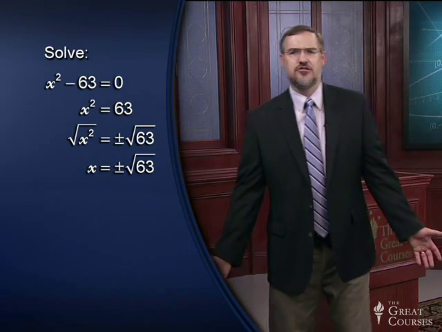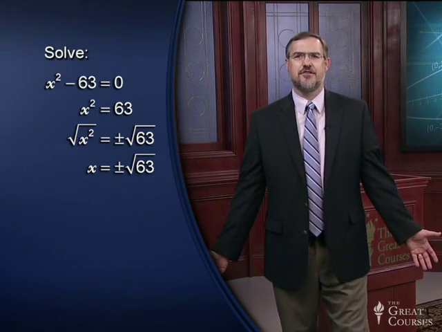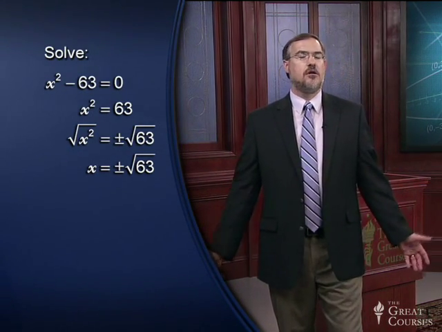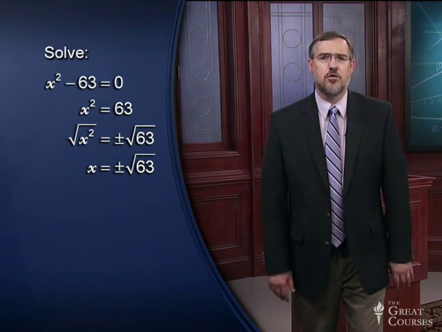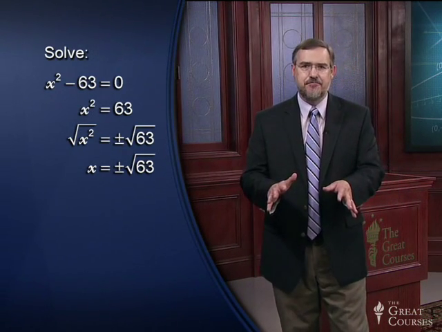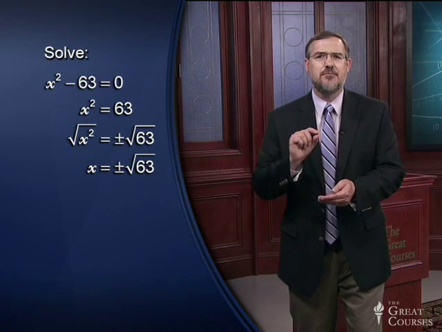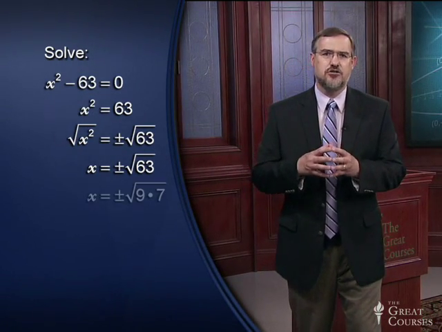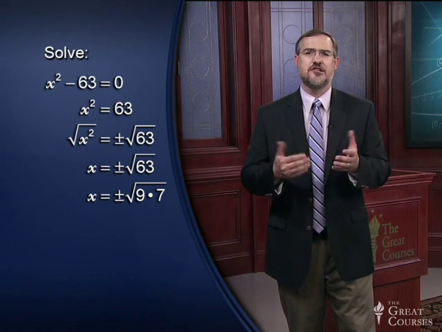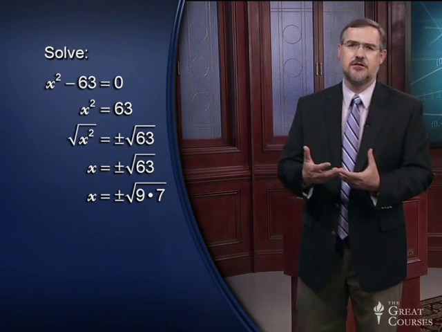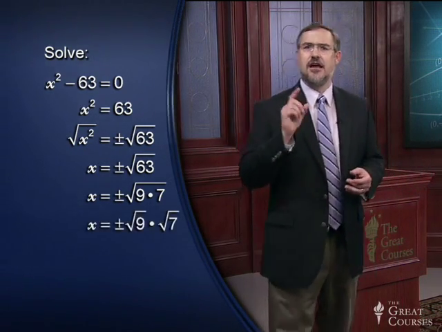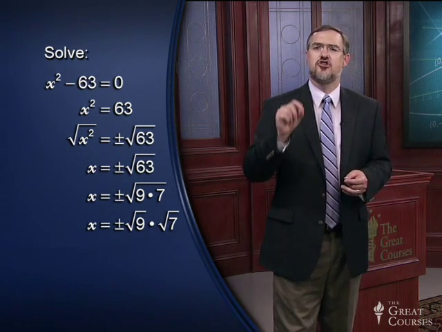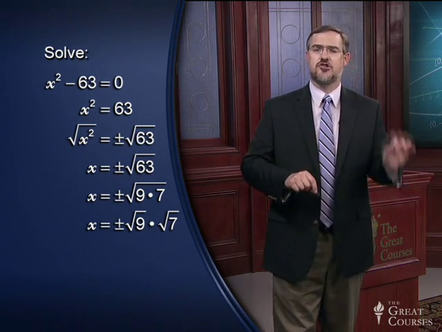And now you look at me and you say, yeah, but 63 is not a perfect square. What am I supposed to do now? Well, let's just simplify the square root of 63 as much as we can. 63 is the same as 9 times 7. So my equation becomes x equals plus or minus the square root of 9 times 7, which is the same as saying x equals plus or minus the square root of 9 times the square root of 7.